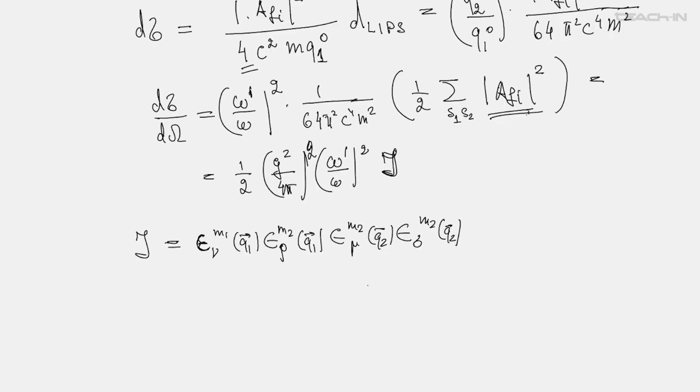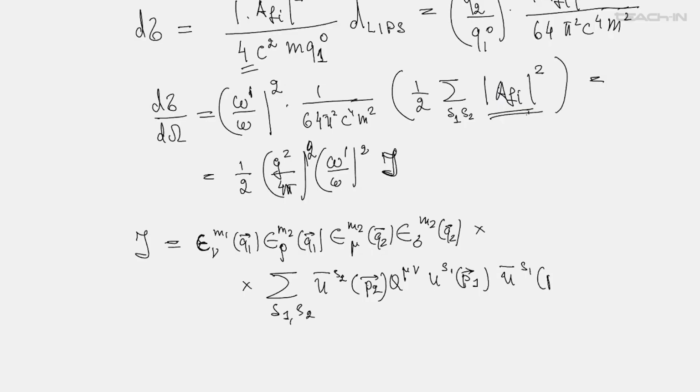And cross sum over polarizations S1 and S2, U bar S2, P2, Q mu. That's a tensor which I have introduced, the one which contains the Feynman propagator for fermions, U bar S1 P1, Q bar sigma rho, and then U S2 P2.